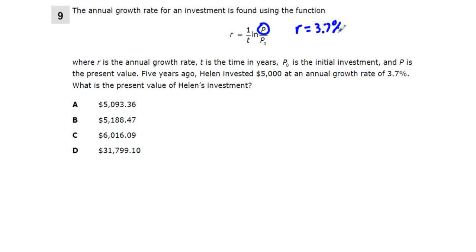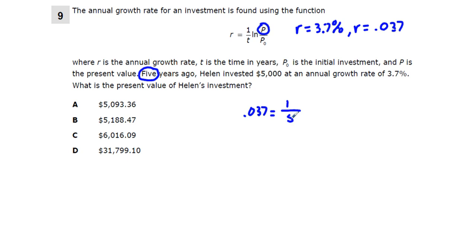But that's going to be in percentage form. In decimal form, which we need to use in equations, we're going to have 0.037. So let's go ahead and use this. We have 0.037 is equal to 1 over t, and t is defined to be 5 years, right?